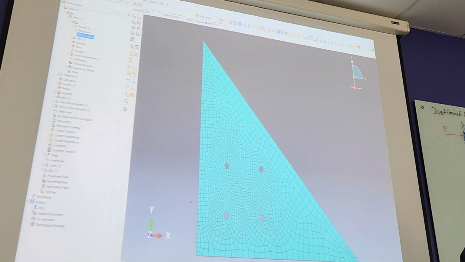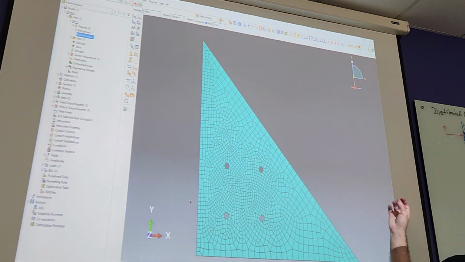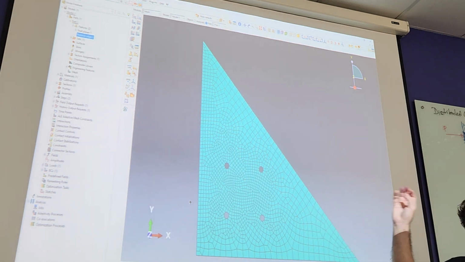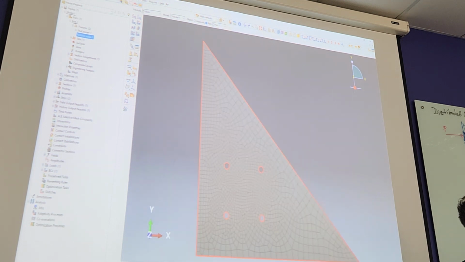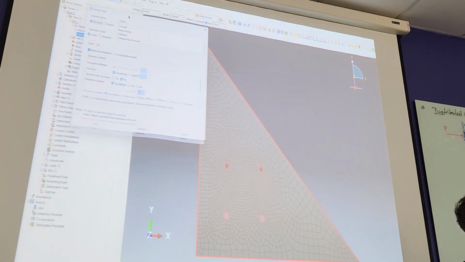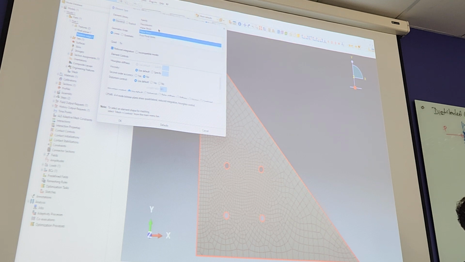Let's go ahead with this. So that defines shape, that defines size. Now we need to define type. What type of 2D elements we are using. We do that by clicking here, assign element type. So we've got options.